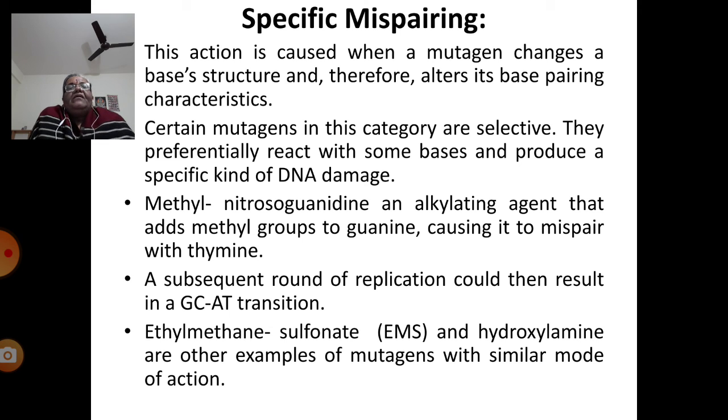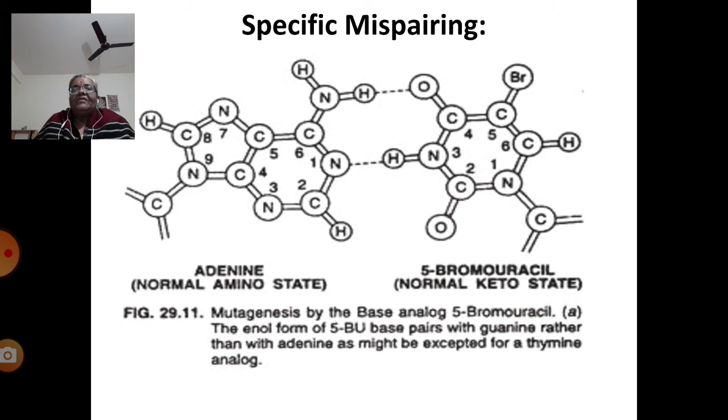Then ethyl methane sulfonate, EMS, and hydroxylamine are other examples of mutagens with a similar mode of action. Then you can see here specific mispairing.